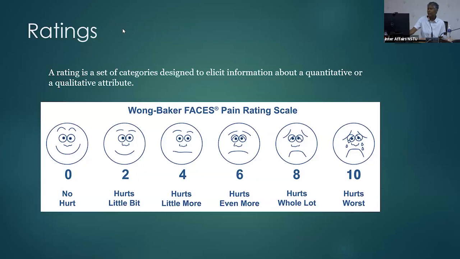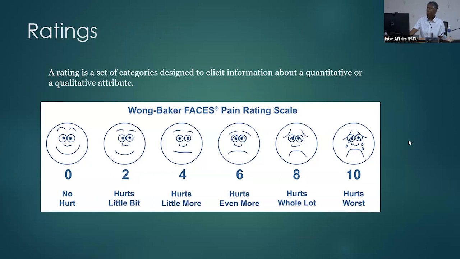Another is ratings. A rating is a set of categories that are used to measure an attribute, either quantitatively or qualitatively. So here's an example of a rating scale. This is the classically known pain rating scale. It's used often for children to measure their pain.